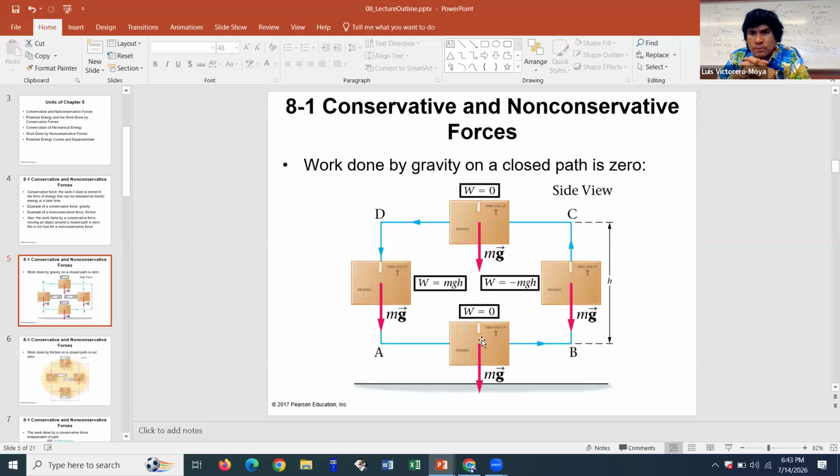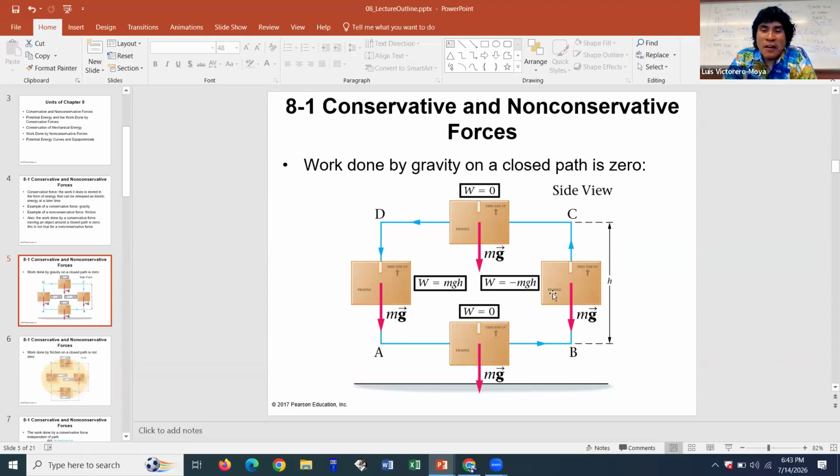So there is no work from AB and CD. It's zero. Now, what about DA and BC? Well, if you're going down, mgh. If you're going up, it's negative mgh. So mgh plus or minus mgh is zero.